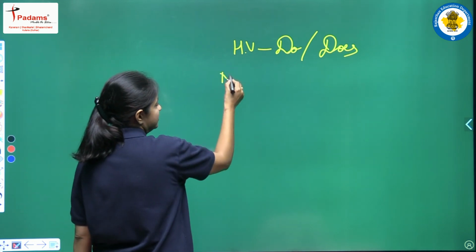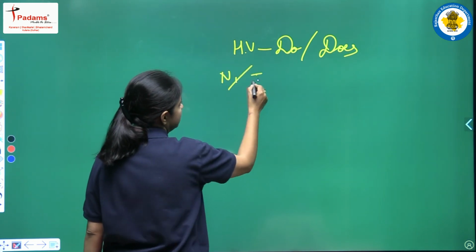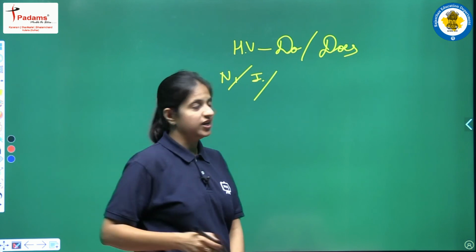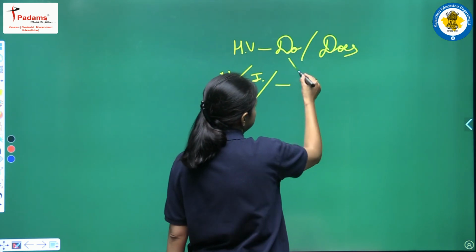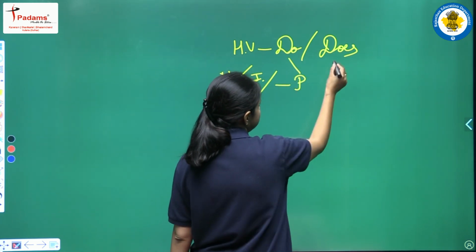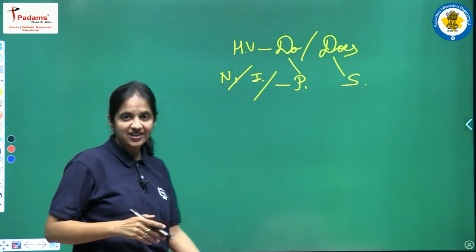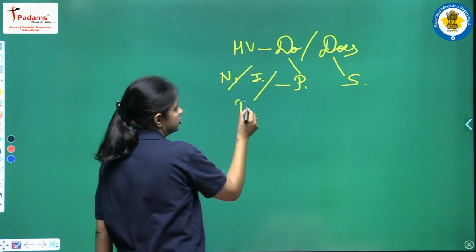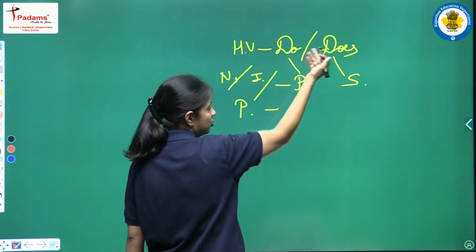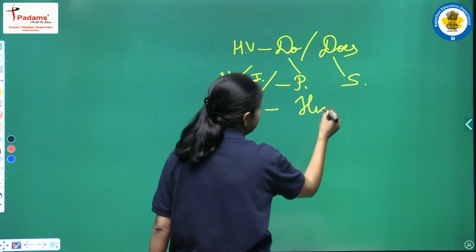So if our sentence is a negative one, or if our sentence is an interrogative one, okay, then we will use do for plural subject, we will use does for singular subjects, right? And if our sentence is a positive, then we won't use do and does, because they will be hidden.